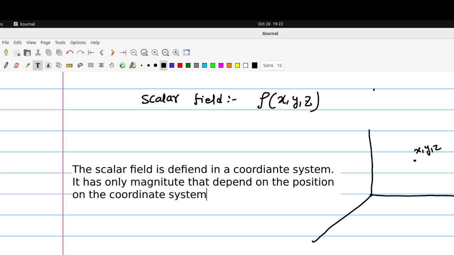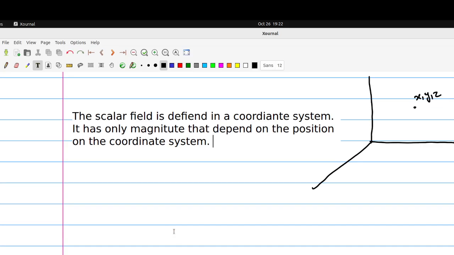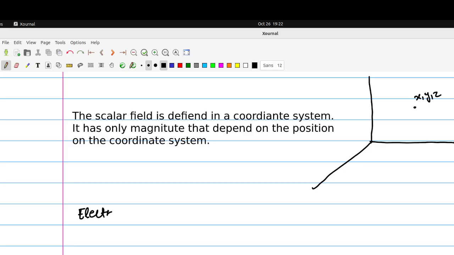Very good. So there are some standard examples, you must have read this. Electric field is a vector field. But the electric potential is a scalar field.